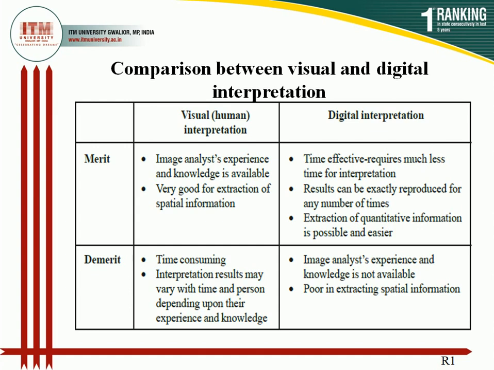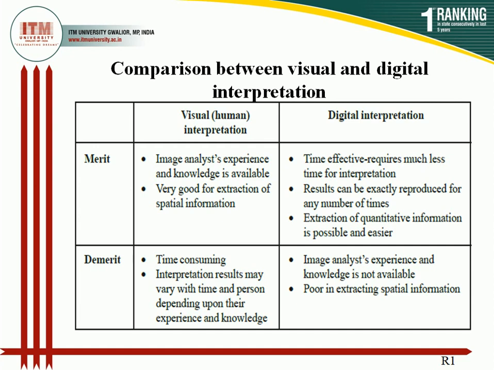The demerit of visual interpretation is that it is a time consuming process, and the result varies according to the change of the analyst, according to the experience and the nature of the analyst. So the result may vary, but in the digital image interpretation, the same result will appear if you go on interpreting a particular image.